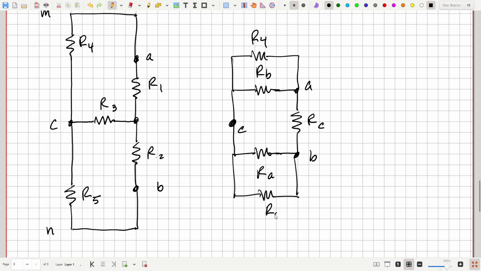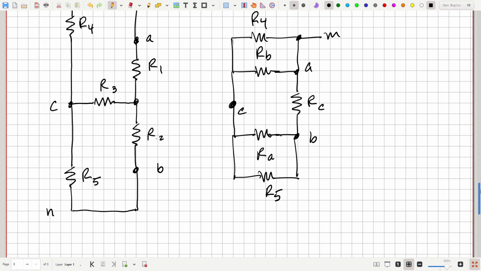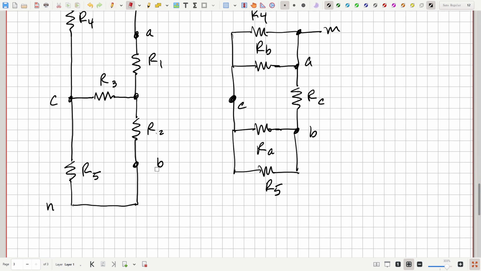There's R5. And where's our M and N? Well, let's see. M is the same as A, so it would be up here. Let's do it here. And N is connected to B. It's the same as B, so we could put it out here.